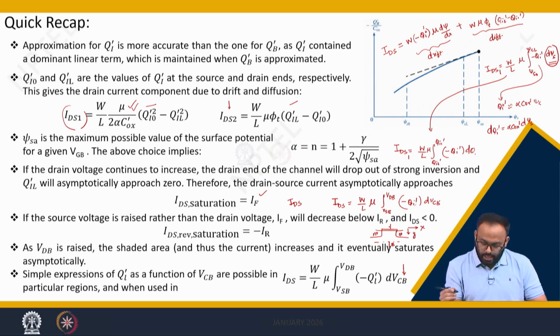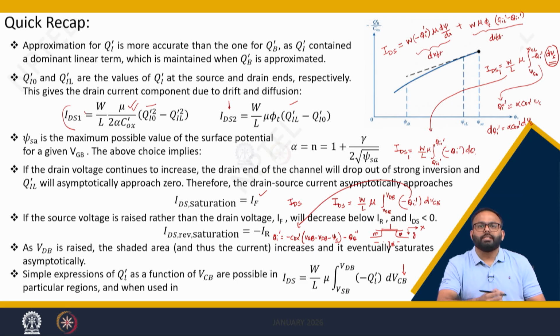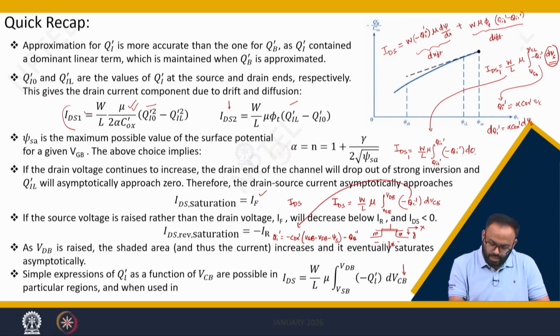Correct? Now we have also said that Q I dash is equal to minus C ox dash into V GB minus V flat band voltage minus psi s minus Q B dash, where psi s is the surface potential and Q B is the bulk charge, given as minus C ox dash gamma root psi s.